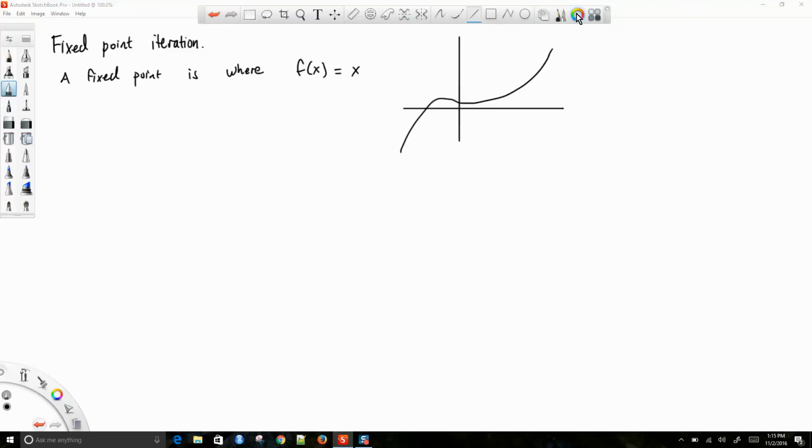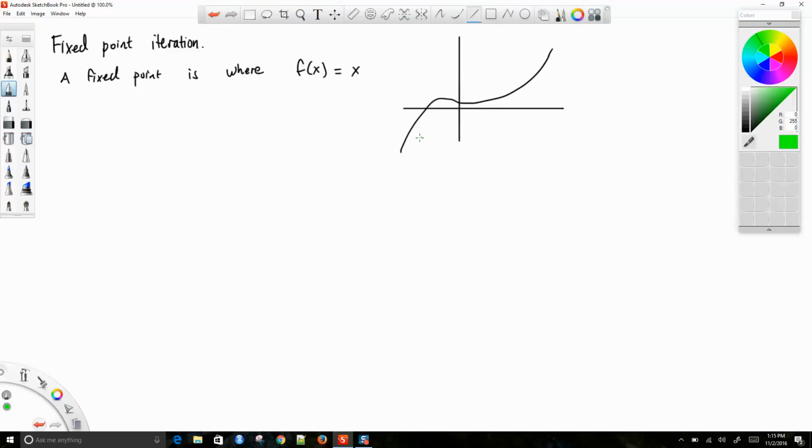Let me draw this. You've got the line y equals x, right? This is not a good example because, all right, let me fix my, yeah.